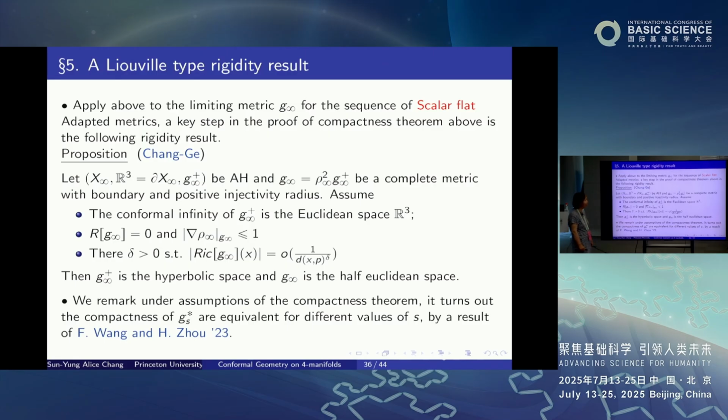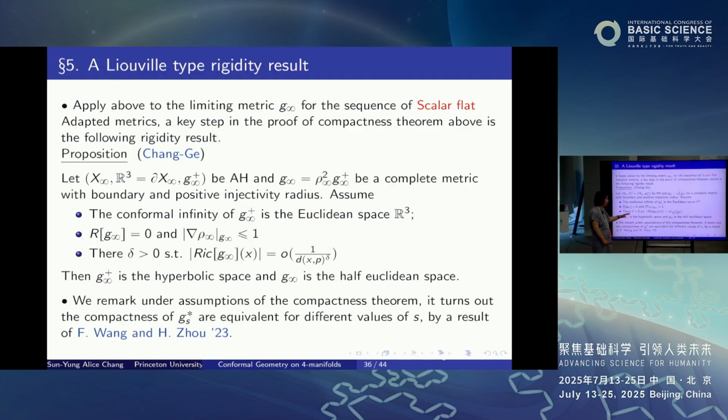Essentially, what we are doing is saying this scalar flat metric has a good property: if Y is in L2, then its curvature is in L2. So its rescaled blow-up limit has a curvature decay property of order delta for some delta positive.